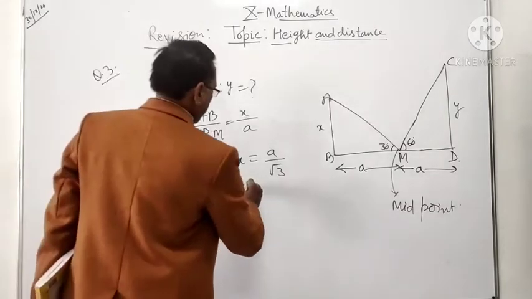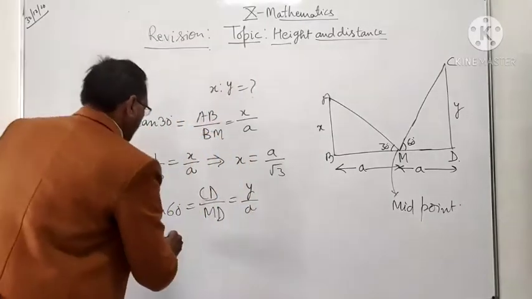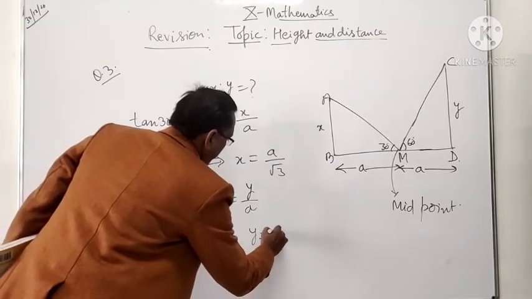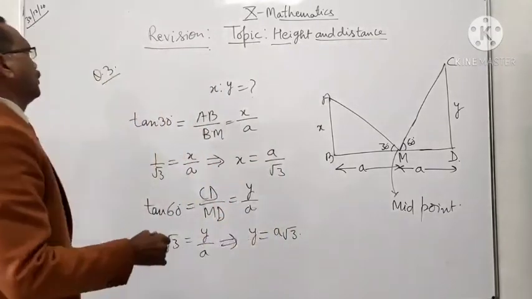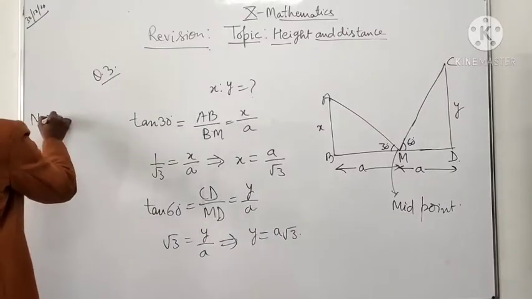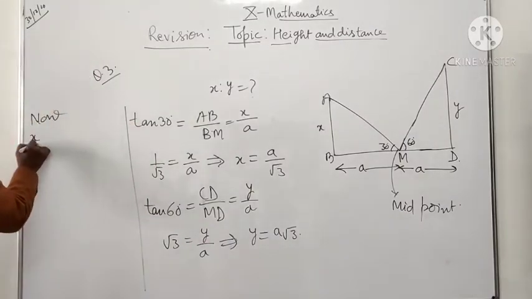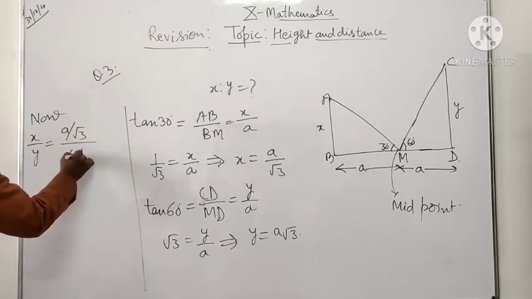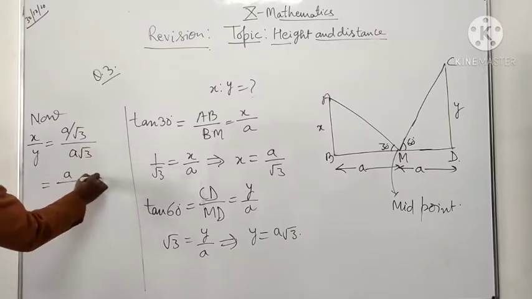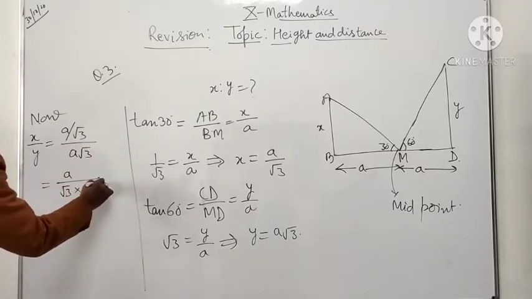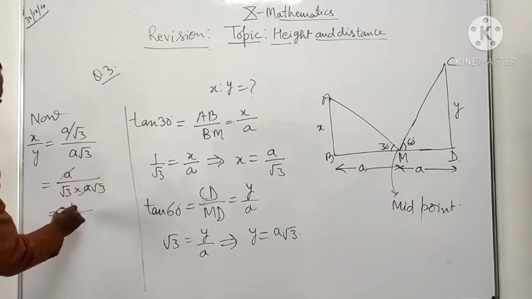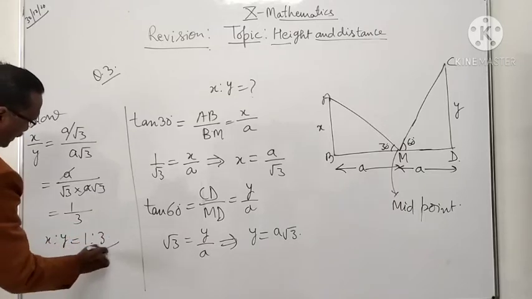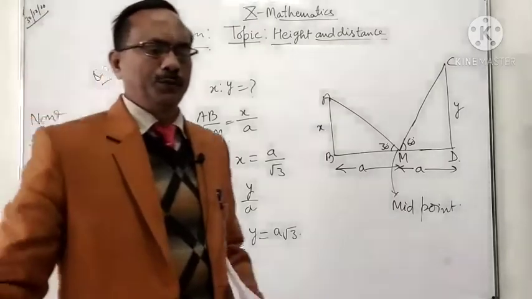It is root 3 equals y upon A. From this we will get y. It is A root 3. Now x upon y equals A upon root 3 divided by A root 3. A cancels out, 1 upon root 3 into root 3, 3. So x is to y equals 1 is to 3. This is the required ratio.